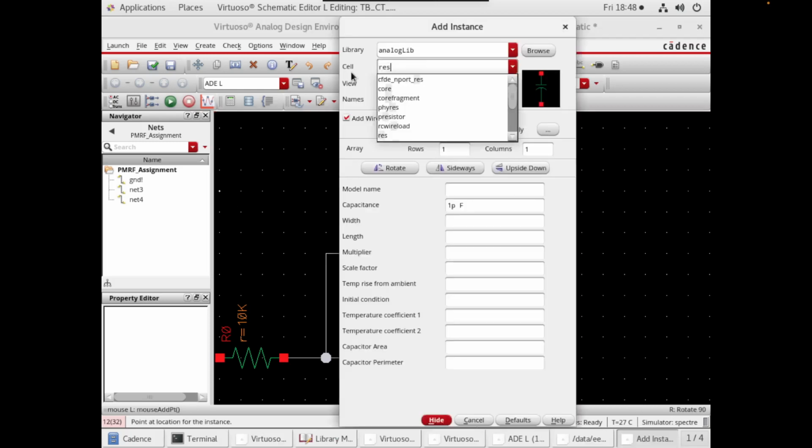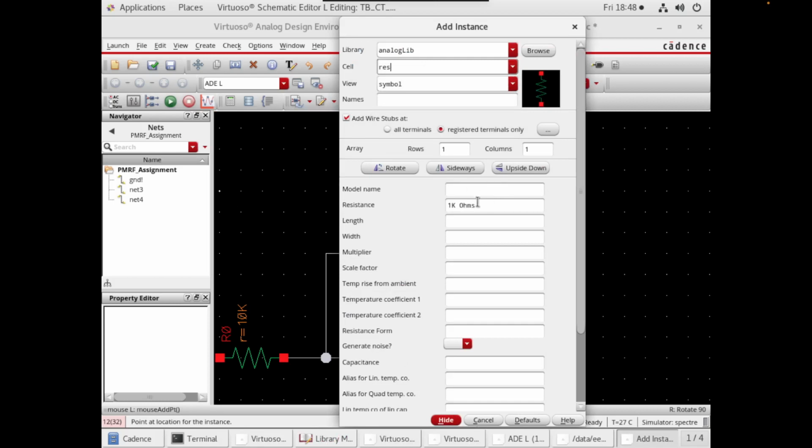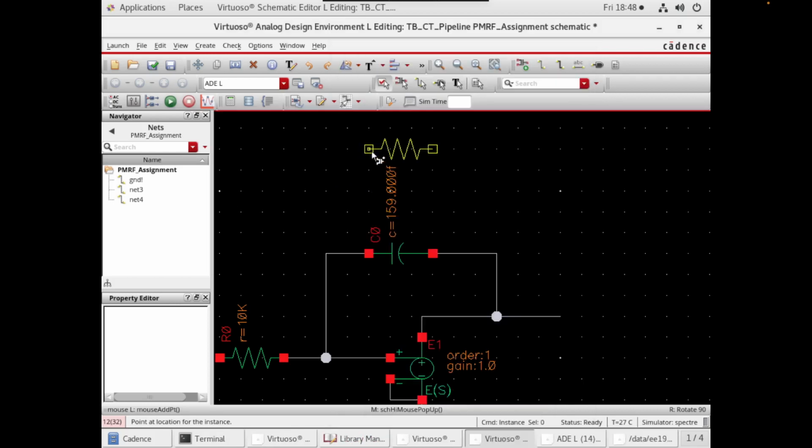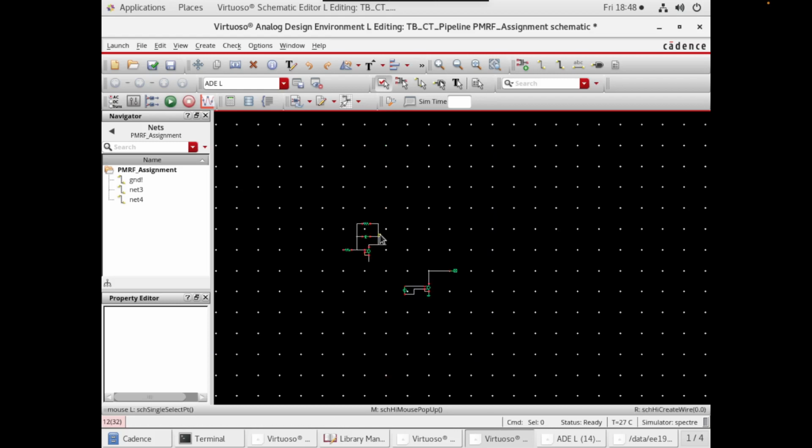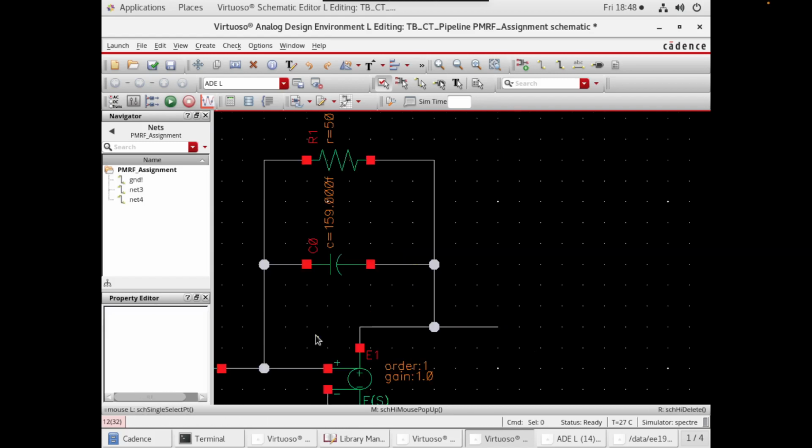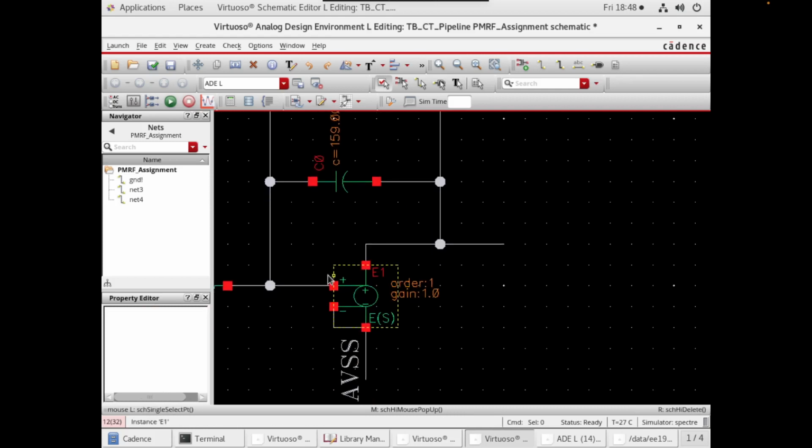And the quality factor resistance will be 50 kilo ohms. Then we will have the inverter.